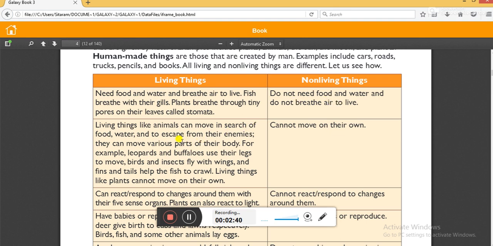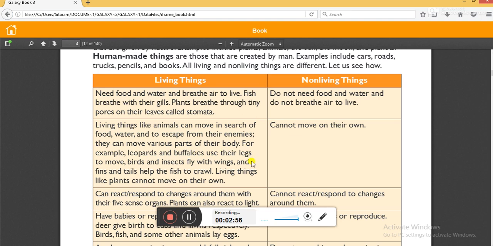Non-living things cannot move on their own, but living things move on their own in search of food and other things.